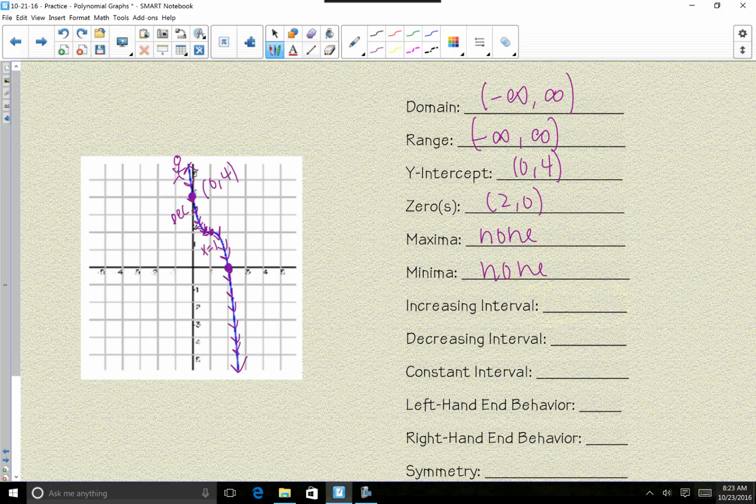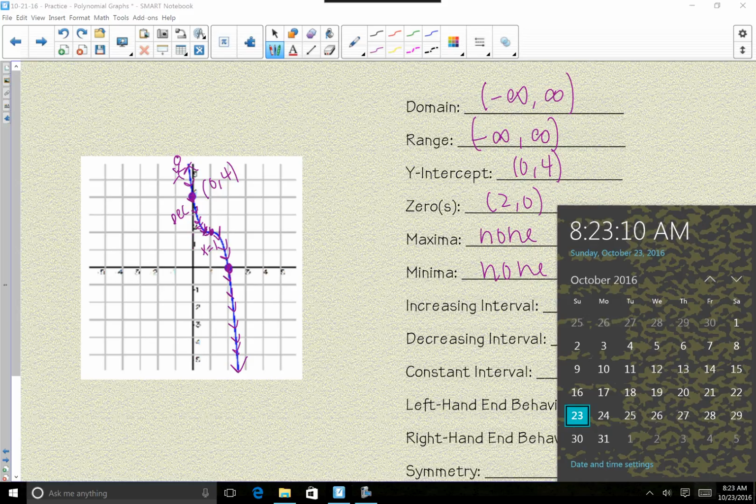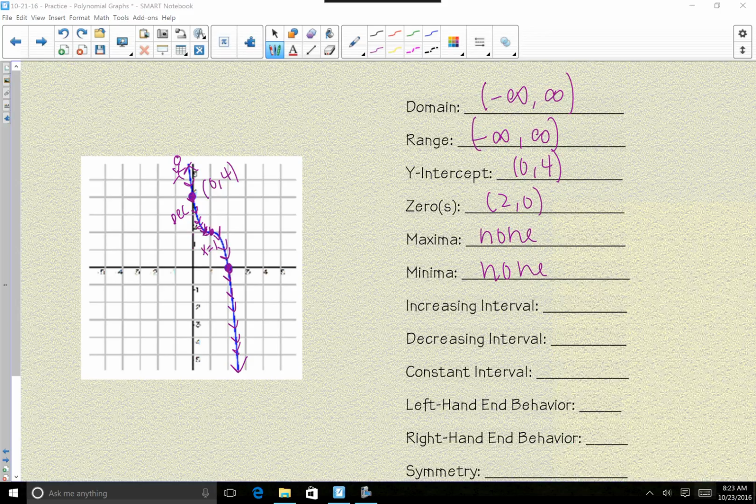But if you notice, even though this is kind of going flatter right here, he's still going to continue to decrease. All right, so he is decreasing. I'm just hitting all kinds of buttons. He's never increasing. He's decreasing from negative infinity to infinity, and he's never constant.